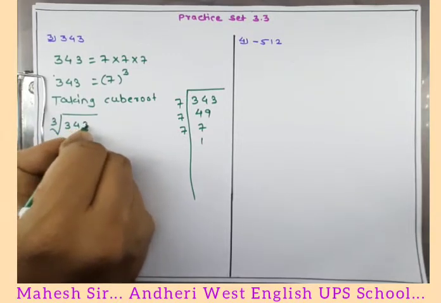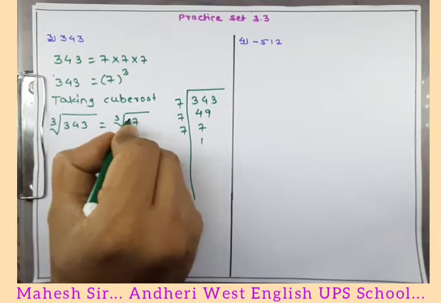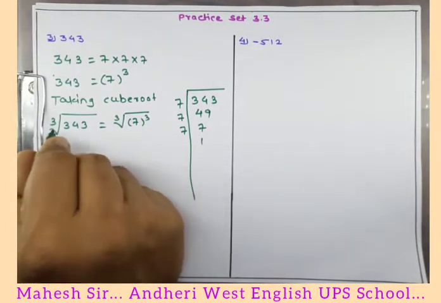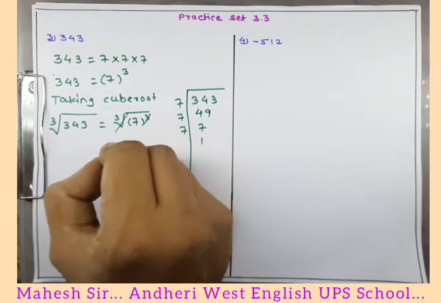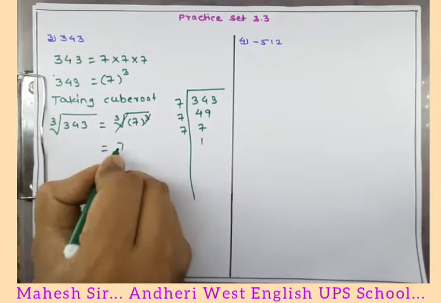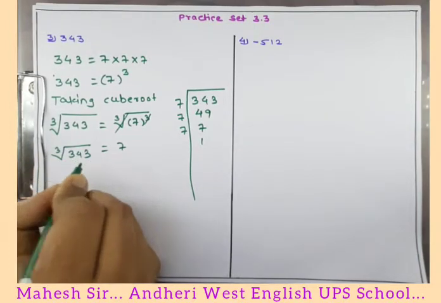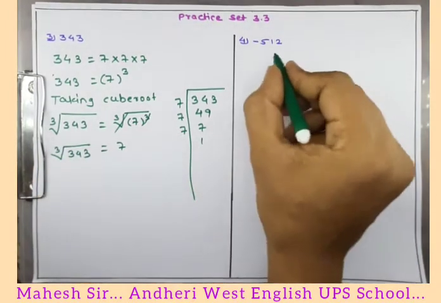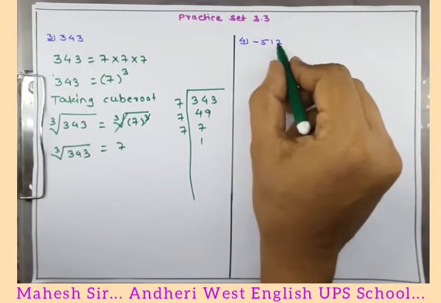Cube root of 343 is equal to cube root of 7 cube. The left hand side will remain the same. Here cube and cube root will get cancelled, so I will get 7. So cube root of 343 is 7. Next question, that is the fourth one, minus 512.